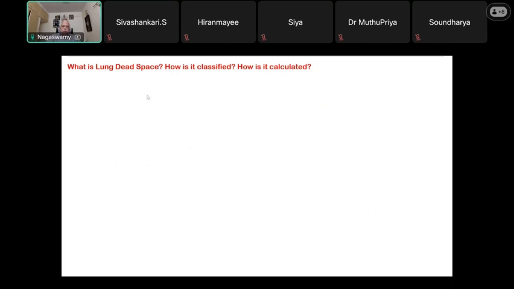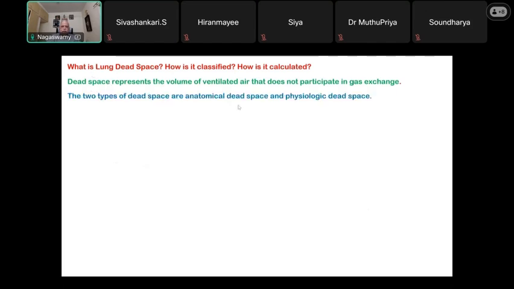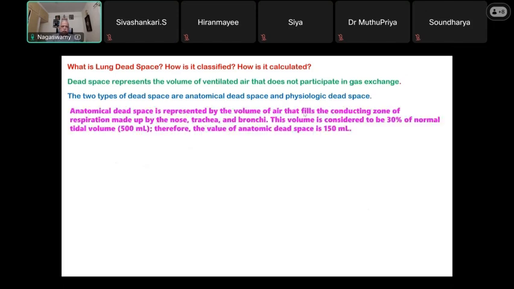It represents the volume of ventilated air that does not participate in gas exchange. Two types are there, anatomical and physiological, and physiological is nothing but anatomical plus alveolar. Okay?